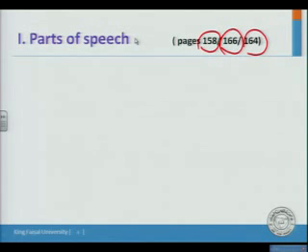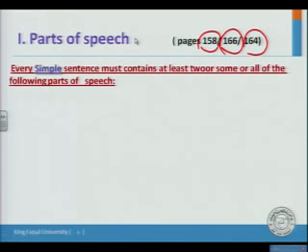So, a simple sentence in English contains some parts. And in a simple sentence, we might have an article. You know, articles: a, an, or the.